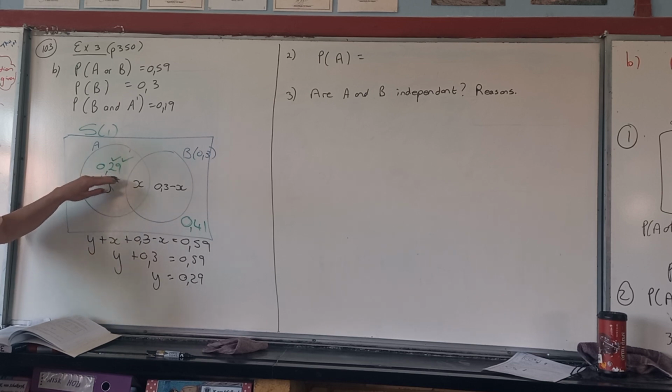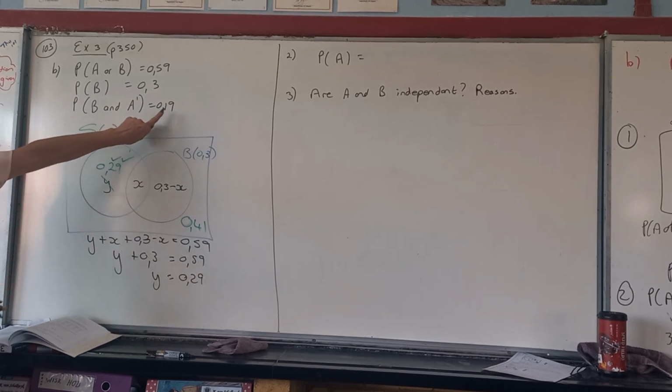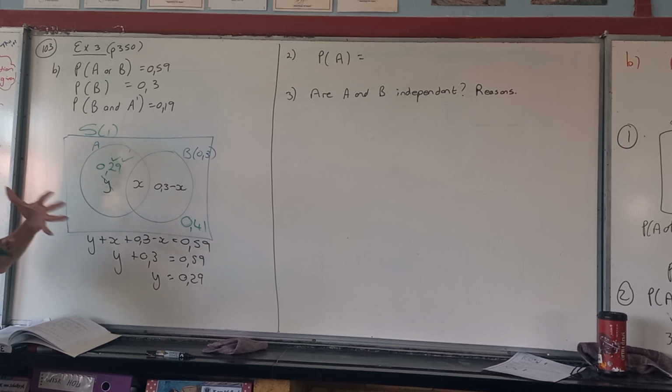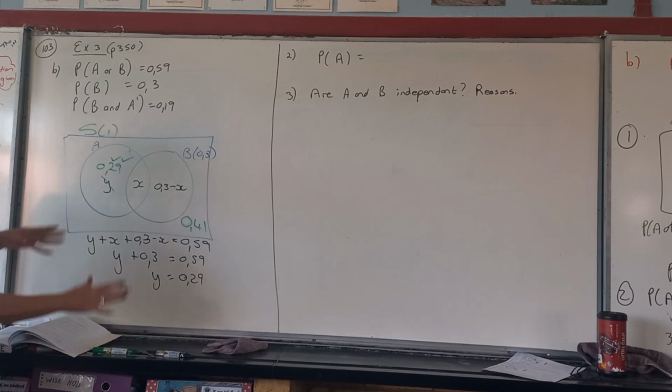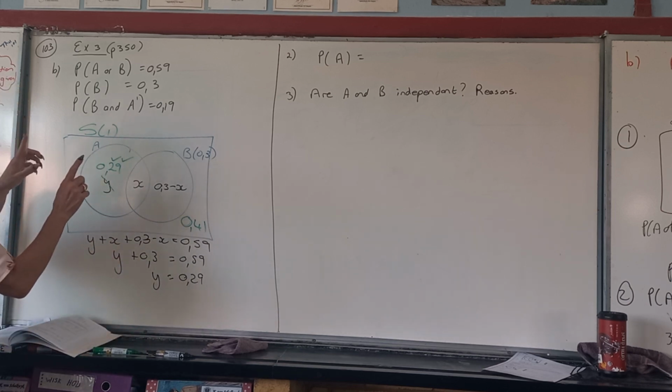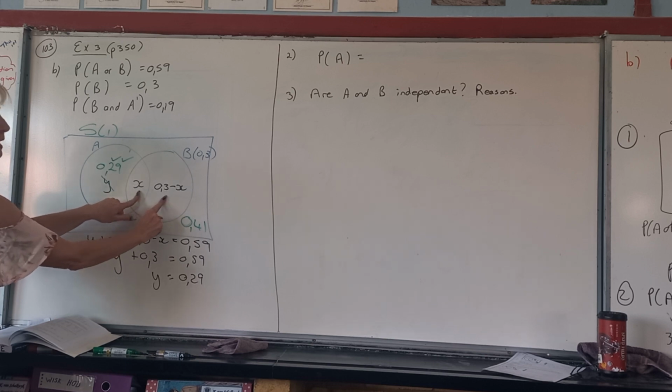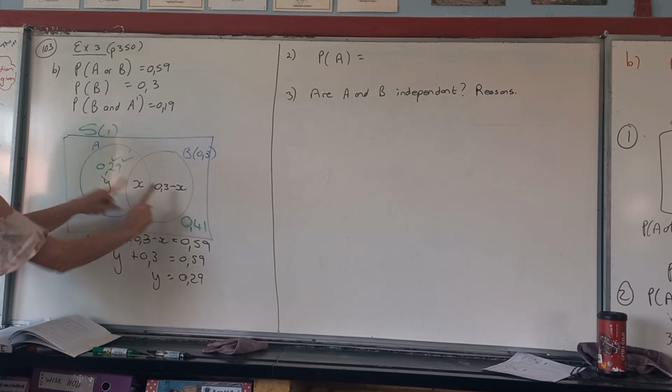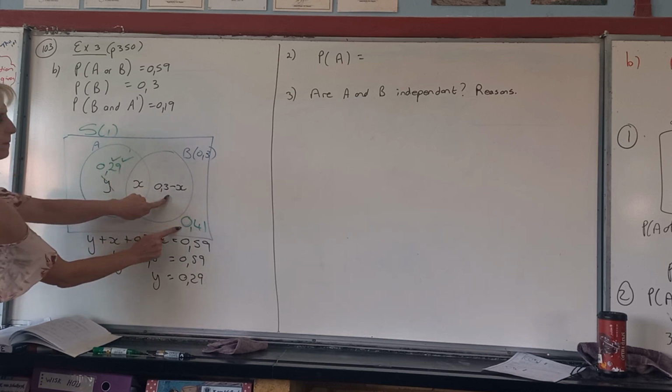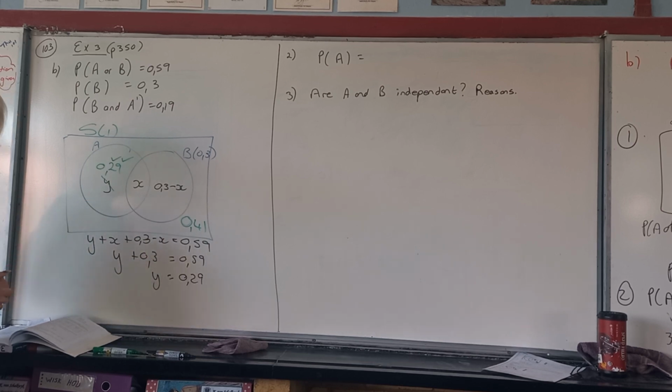So 0.29, the x, I still don't know the x, guys, but we're going to get there just now. I still haven't used the fact that 0.19 is when I do what? Again, let's say B and not A. Where's not A? Where's the and part? And is where I take my fingers and put them there twice.